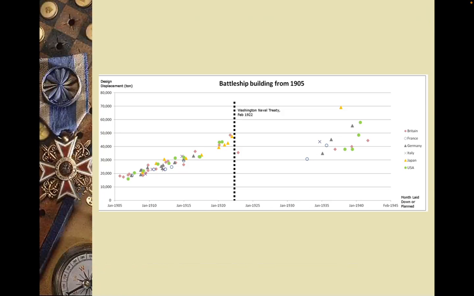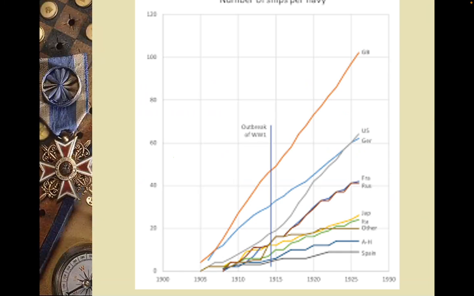So we see that leading up to this, starting in 1905, massive increases in the development of navies. Now, the Washington Naval Treaty did eventually lead to the end of this, but looking at the lead up to World War I between 1905 and 1915, even though I know the war started in 1914, look at all the massive advances.